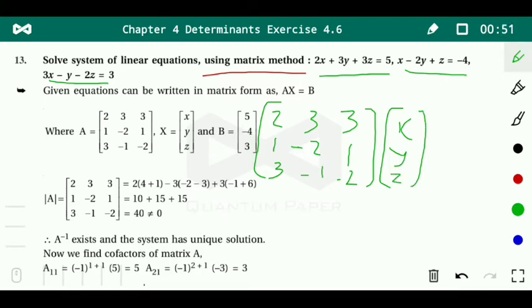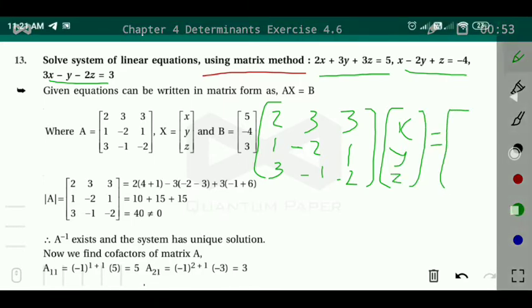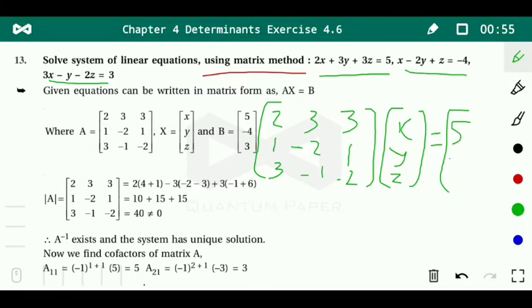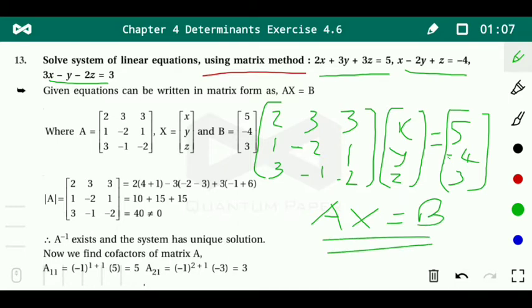So x, y, z equals the constant terms 5, minus 4 and 3. So we can write capital AX equals B, where A is 2, 3, 1; 1, minus 2, 1; 3, minus 1, minus 2, X is x, y, z, and B is the constant terms, 5, minus 4, 3.